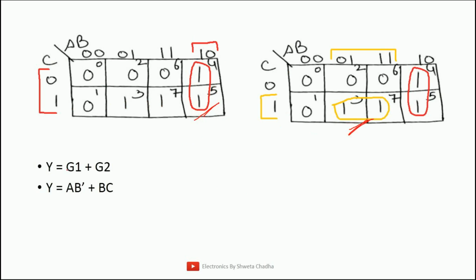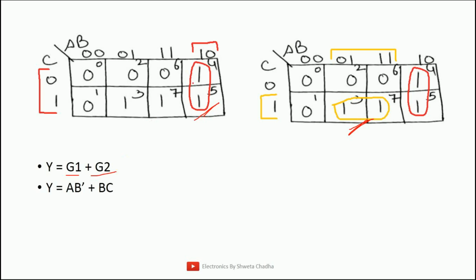So y is equal to group number 1 plus group number 2, because we are supposed to write down the answer in SOP, sum of product. Number of groups must be minimum and the group size must be maximum. So we have to follow these two important points while simplifying any question that belongs to K-map.